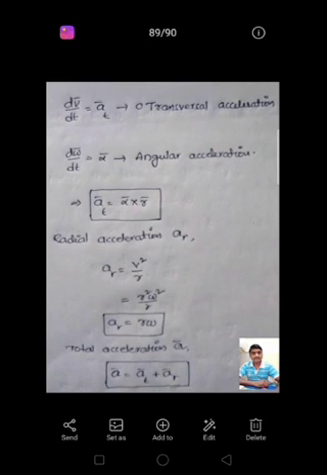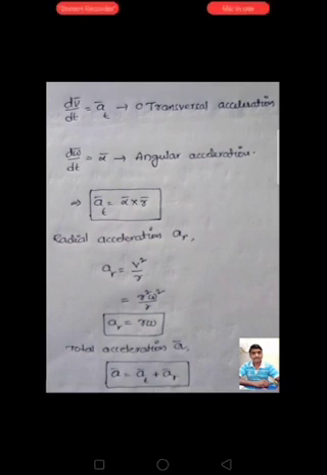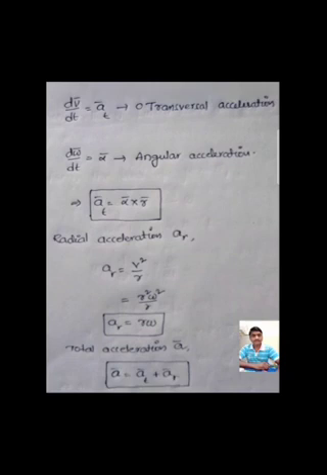Now radial acceleration ar, from centripetal force we can write it as ar is equal to v square by r. So by replacing v with r omega, we will get r square omega square by r. So from this, we will get ar is equal to r omega square.